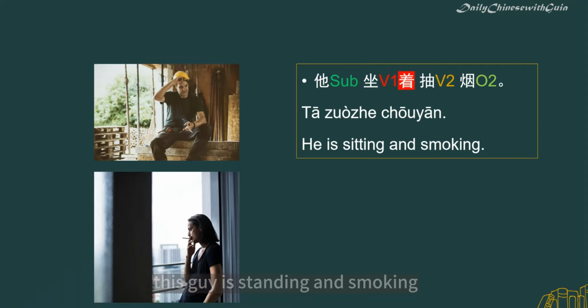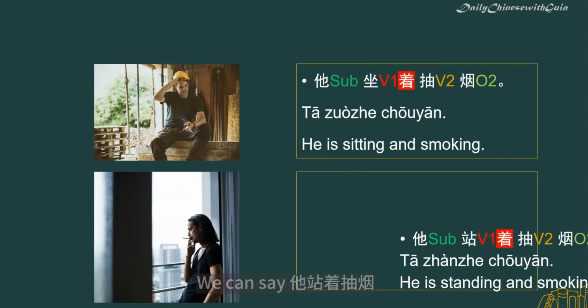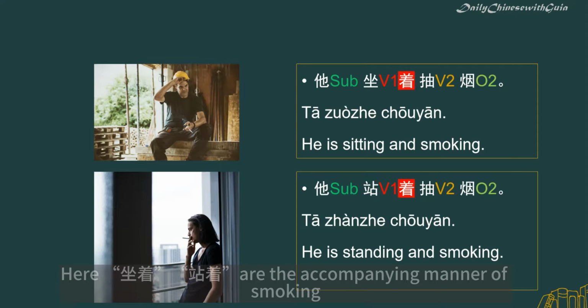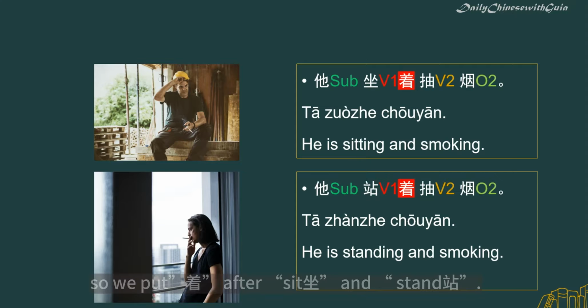This guy is standing and smoking, right? We can say 他站着抽烟. Here, 坐着, 站着 are the accompanying manner of smoking. So we put the 着 after sit, 坐 and stand, 站. Okay?